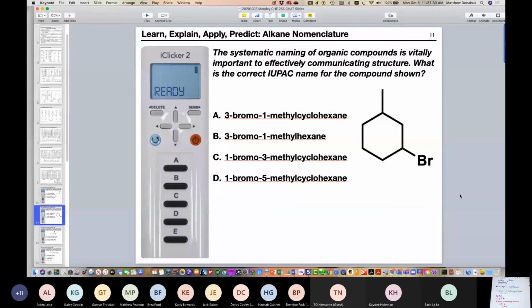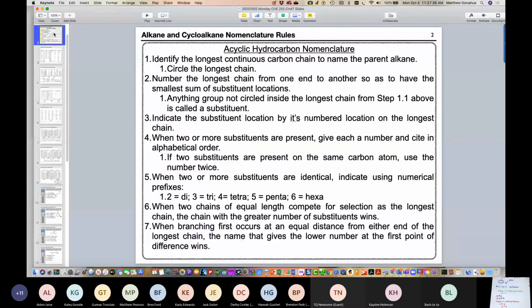As part of our rules, it's sort of like rule 7 here. When you number these chains, you want to give the substituents the lowest possible numbers so that their sum is the lowest number possible.